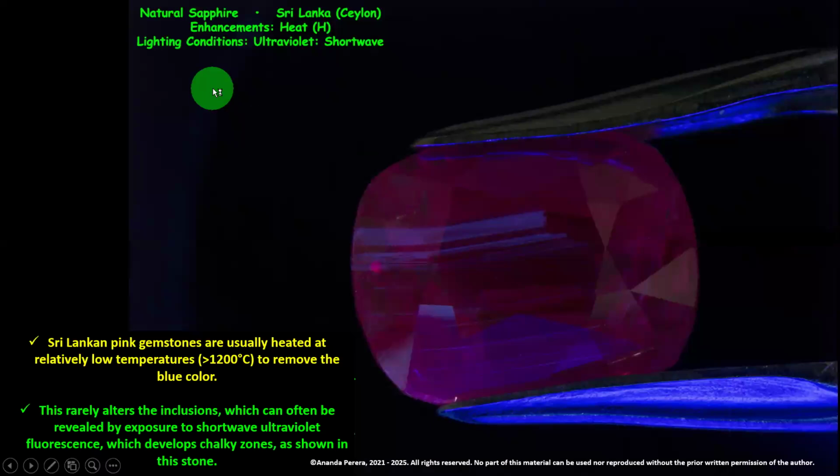Now, what is this? The lighting condition here is short wave UV, ultraviolet short wave. Look at the stone with the facets. It is a Sri Lanka heated gem. Pink gemstones are usually heated at relatively low temperatures, that means below 1200 Celsius, to remove the blue color.